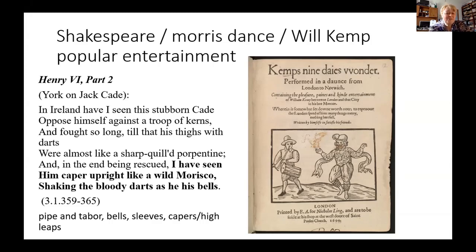So when Shakespeare writes these lines about Jack Cade, picturing him as a kind of Morris dancer, most probably Jack Cade was performed by Will Kemp, who was a famous Morris dancer. So there is a meta-theatrical pun here, a kind of in-joke for the audience, and also a very vivid description of how lively this rebel was.